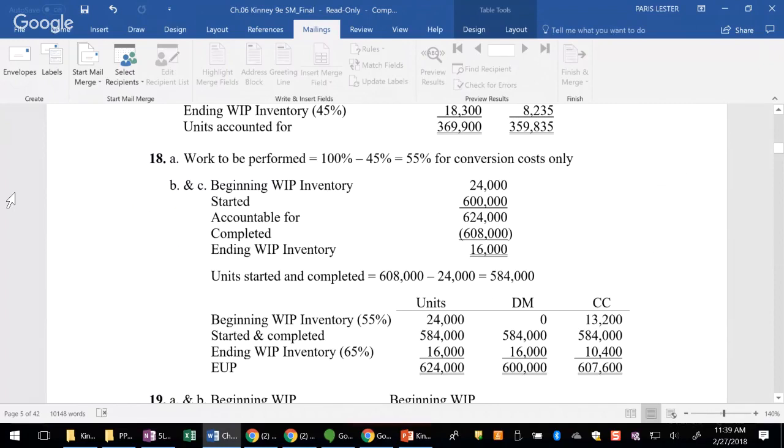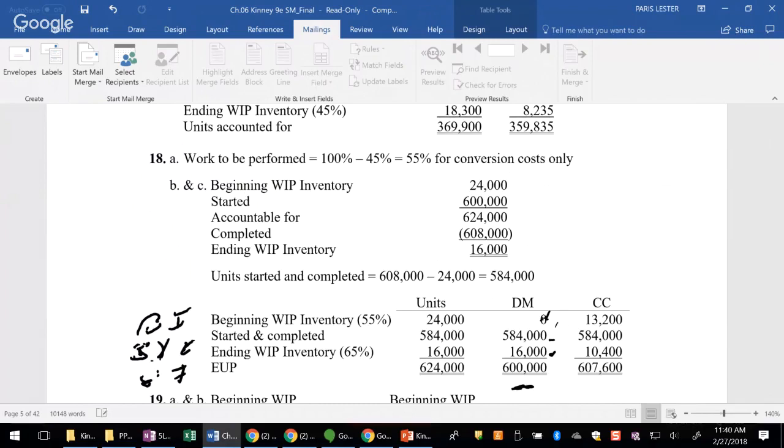They take beginning inventory, started and completed, and ending inventory. And for materials, if it's 100% finished, you don't have to add any. And started and completed obviously is 100%. And then your ending inventory, you put 100% of materials. So you've got 684 plus 16. So you got equivalent units of 600 for material.